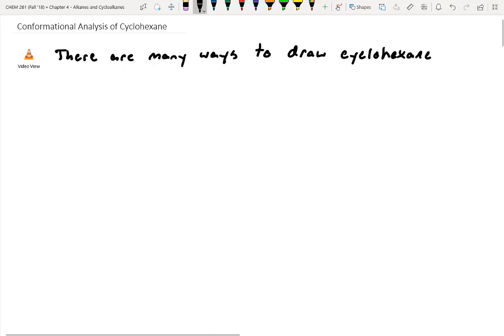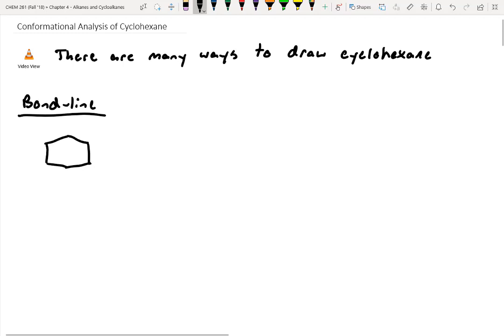The first and easiest one is with bond line notation. Hexane we know is 6 carbons, and the cyclo in the name means it's a ring system. So a 6-carbon ring system, easy peasy, right?